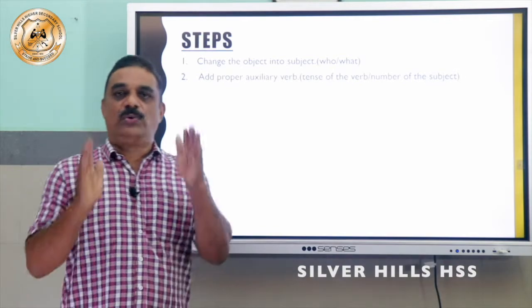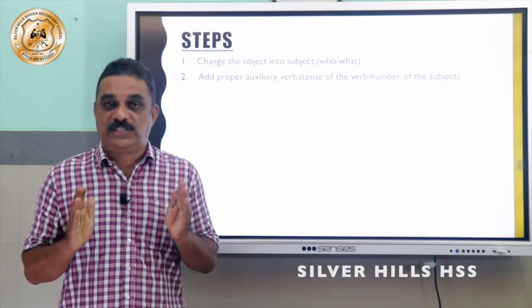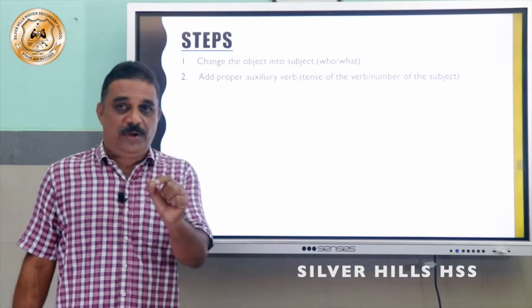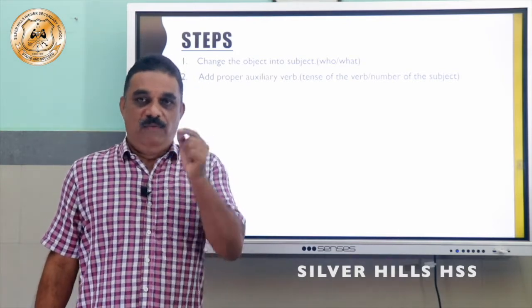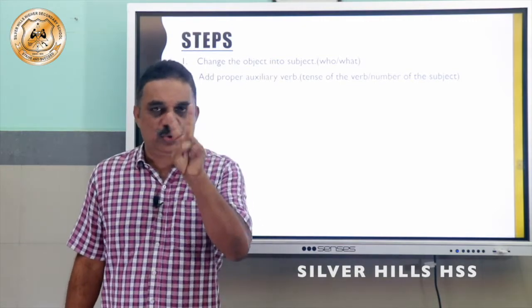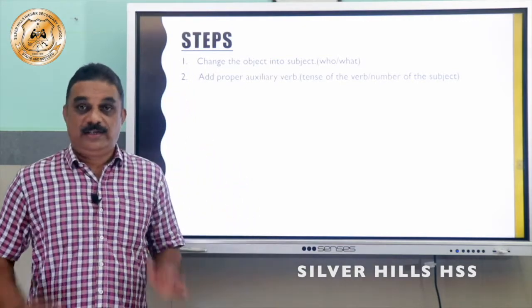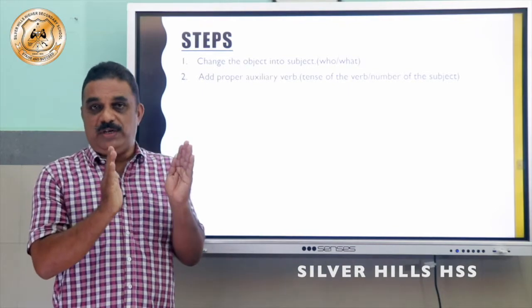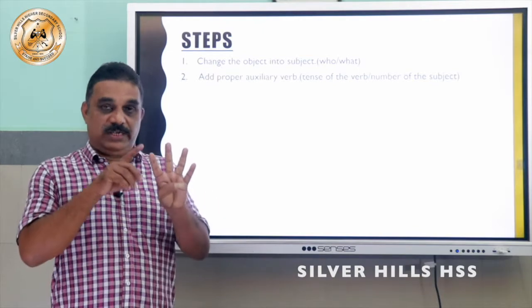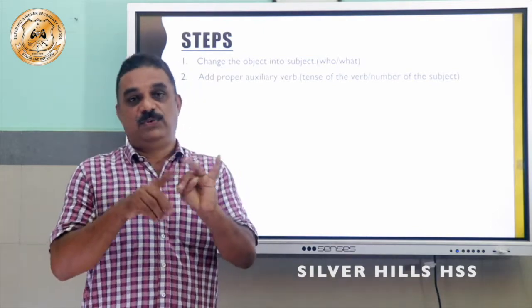Second one, you have to add a proper auxiliary verb. When you are adding an auxiliary verb, you have to consider two things. First thing, the tense of the verb is to be taken into consideration, whether it is present tense, past tense, or future tense.